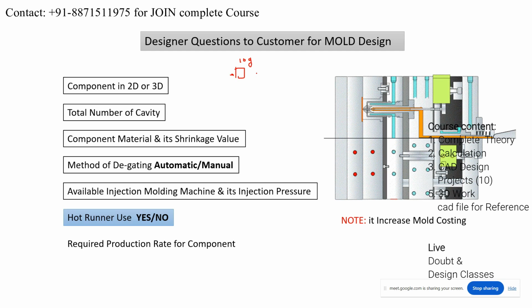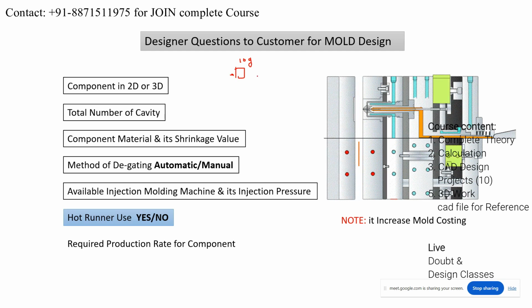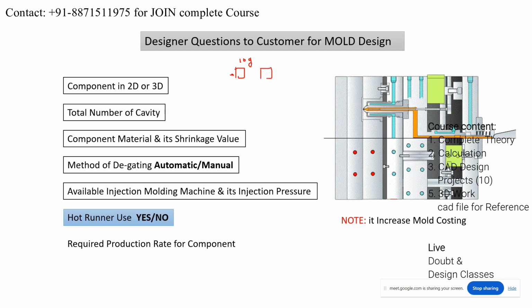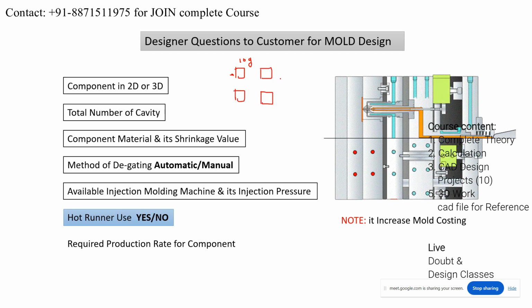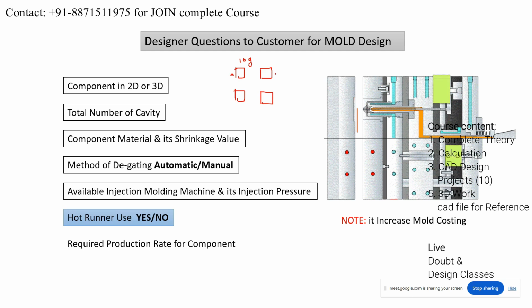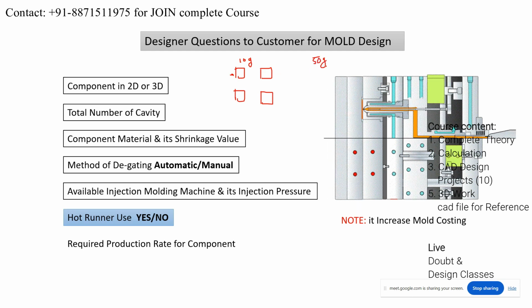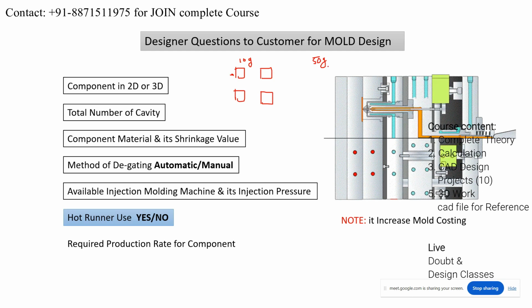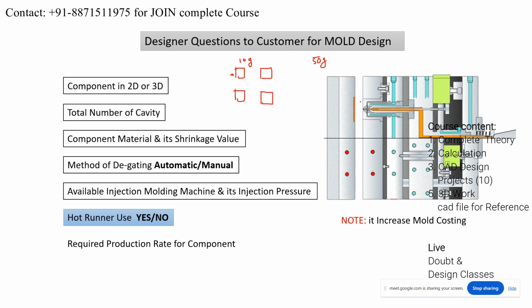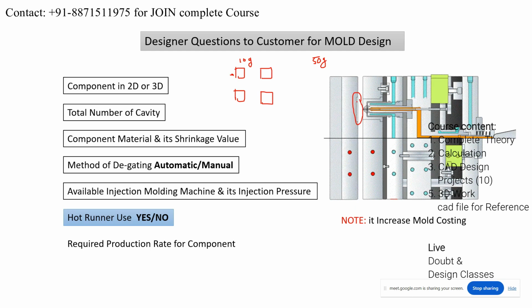So basically, for example, you are preparing 4 components in one mold, right? And the machine capacity is only 50 gram, for example. So basically, it will not produce a feed system.